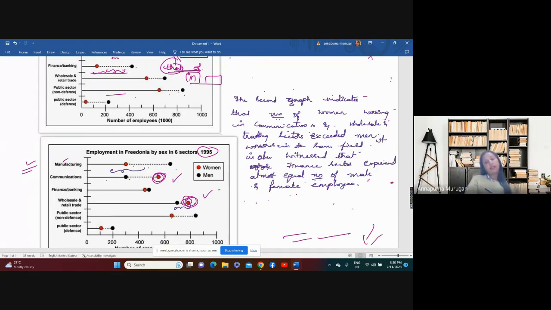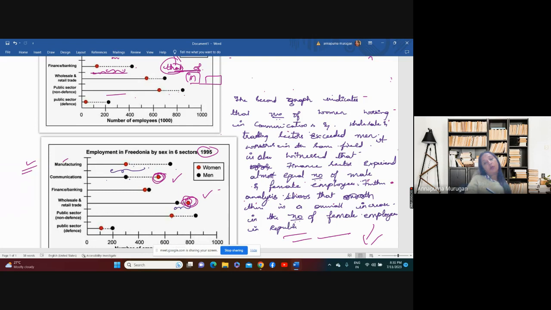So what is the thing that you can say? Further analysis shows that there is an overall increase in the number of female employees in Republic of Fredonia.